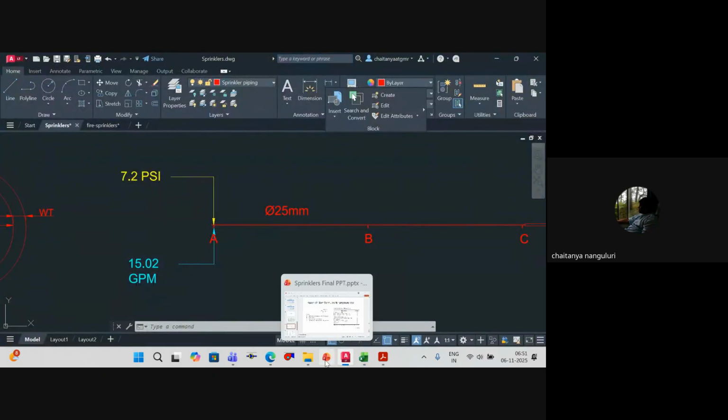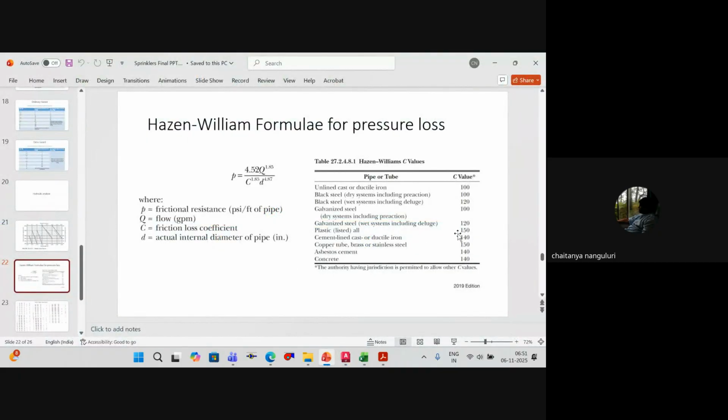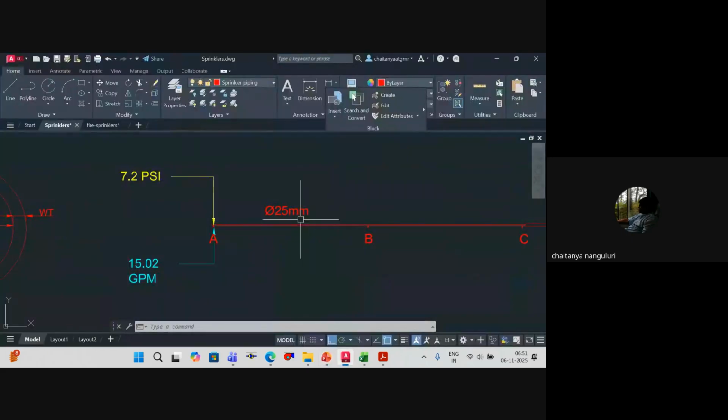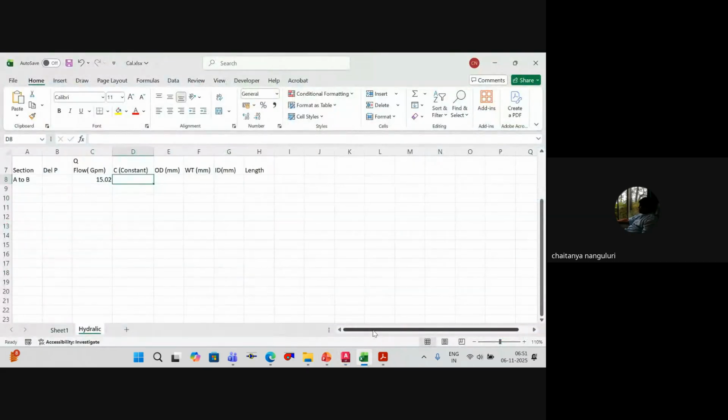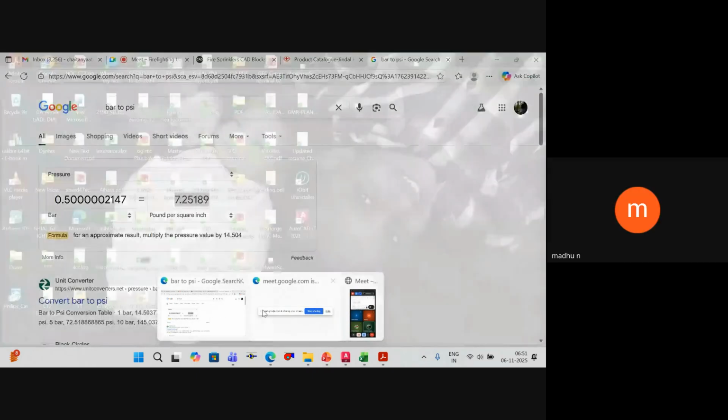Constant in the Hazen-Williams equation: if it's galvanized steel or any black steel also, the value will be 120. That's the Hazen-Williams formula value that you use. So this is 120. And then your outer diameter. Outer diameter we already know, I'm giving in mm, because on the brochure I have those details.